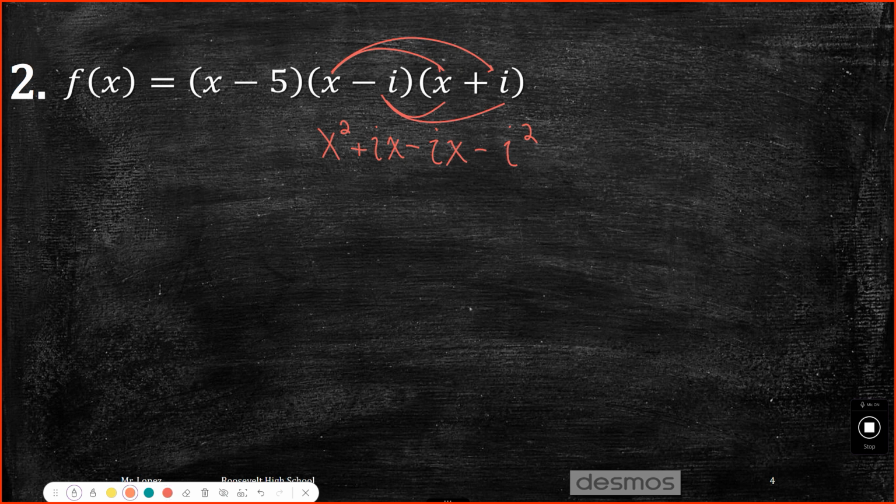What's going to happen in the middle of that one right there? You guys doing it? Cancel out. And then it's going to be x squared. And then this is going to be what? Negative 1 and negative is a positive 1.